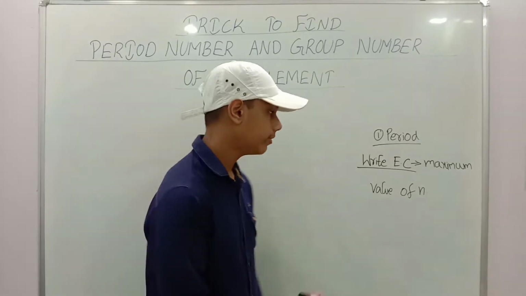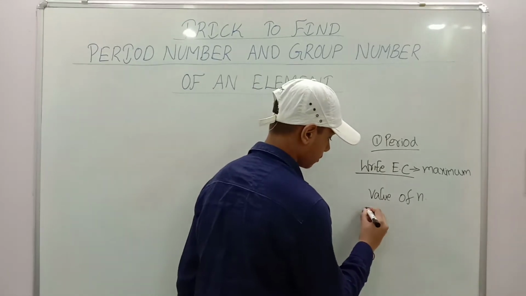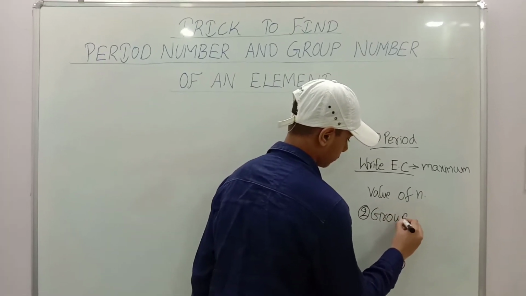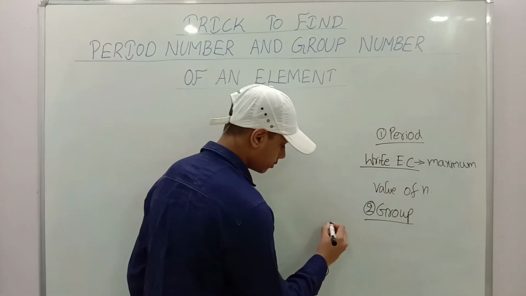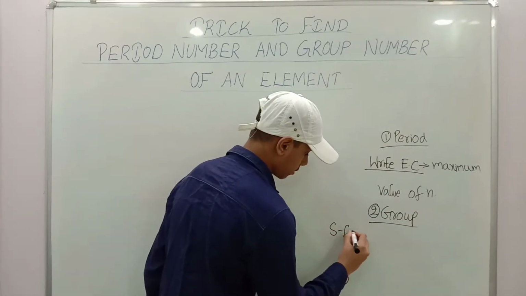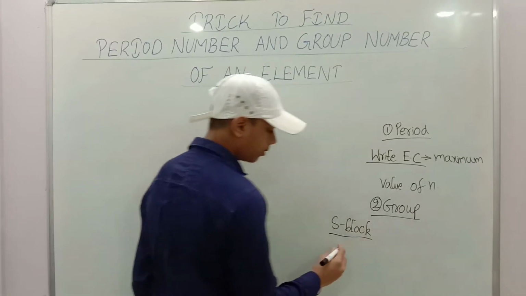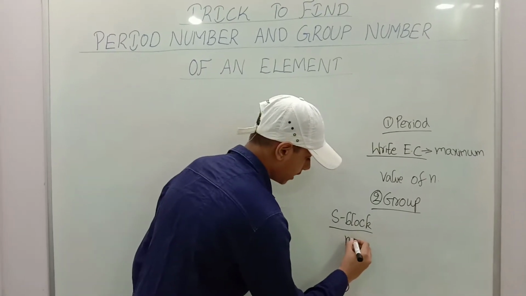Now let's find the group number. If the element belongs to S block, then you should write the total number of electrons in ns.